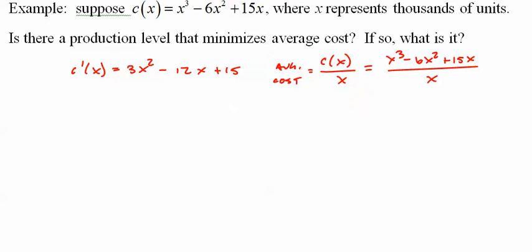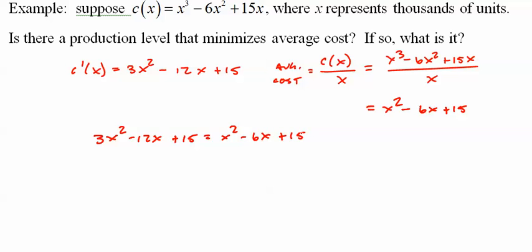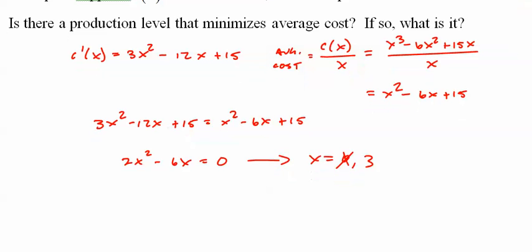And set them equal. Oh, well, this is x squared minus 6x plus 15. So 3x squared minus 12x plus 15 equals x squared minus 6x plus 15. 2x squared minus 6x equals 0. x equals 0 or 3. x has to be greater than 0. We have to actually make something, so we'll cross that one out. And it turns out we want to produce at 3 if we're looking for an average cost that's minimum.